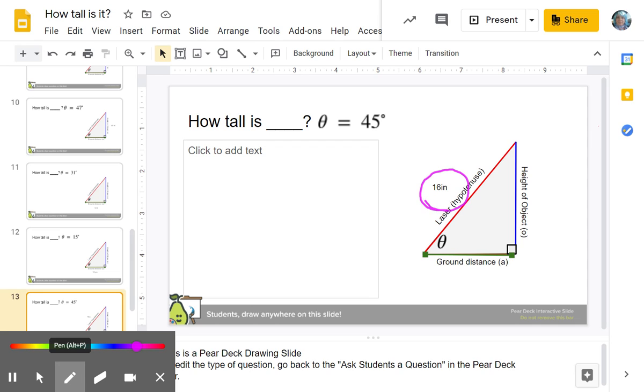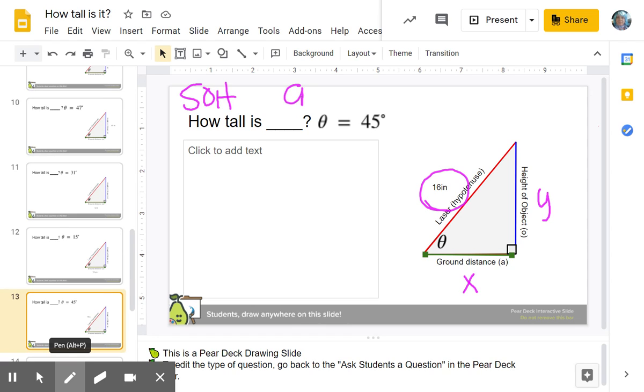So here we're given the H, and we need the O, and we need the A, right? So this time we've got the H, so we can put in our H. So which function are we not going to use? Absolutely. So we're going to get rid of that one. And we're going to plug in everything exactly the way we did before. We've got sine of our angle.